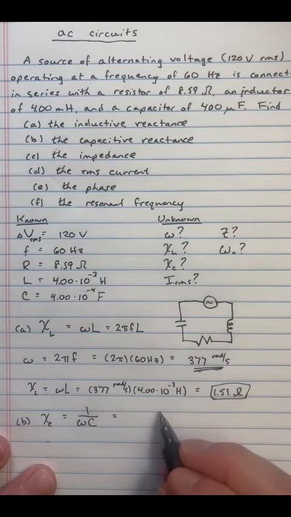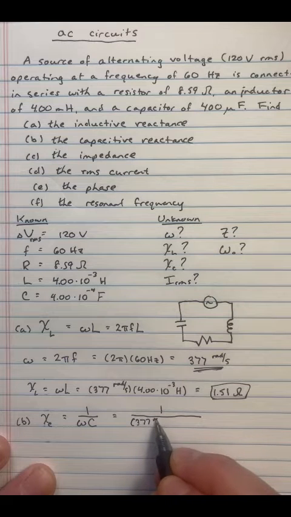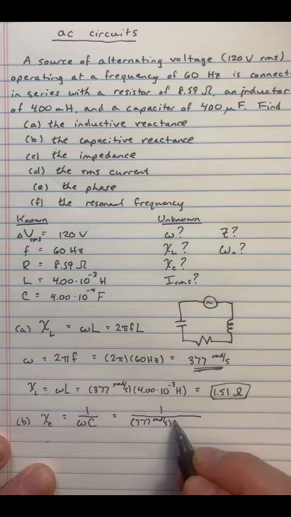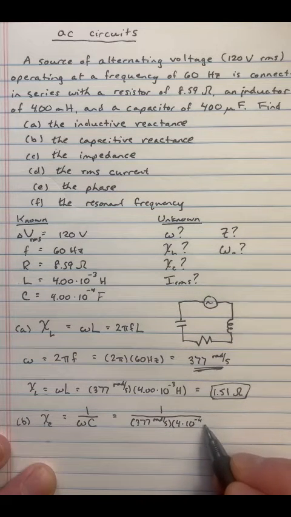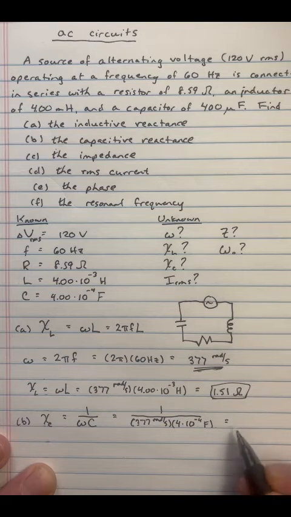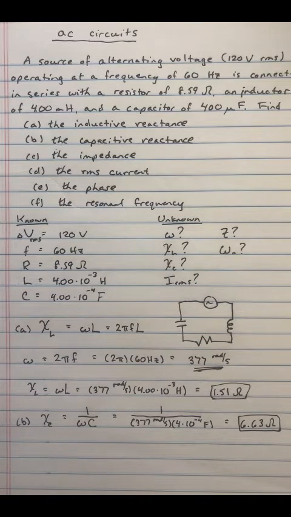All right, calculate. So 377 radians per second again. And now it's 400 microfarads, or 4 multiplied by 10 to the minus 4th farads, like that. And when this calculation happens, again, as always, check my math, 6.63 ohms that way.